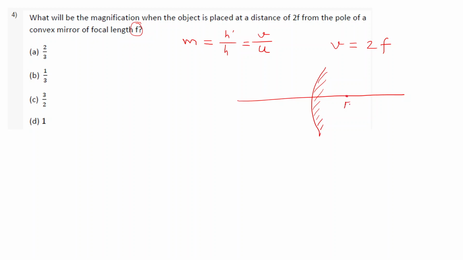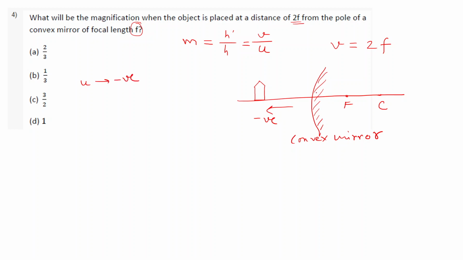Now what will be the sign convention for object and image distance? So the object we will be keeping here somewhere at 2f. For a convex mirror, our object will be here somewhere, that means it will be negative. So object distance will be negative.